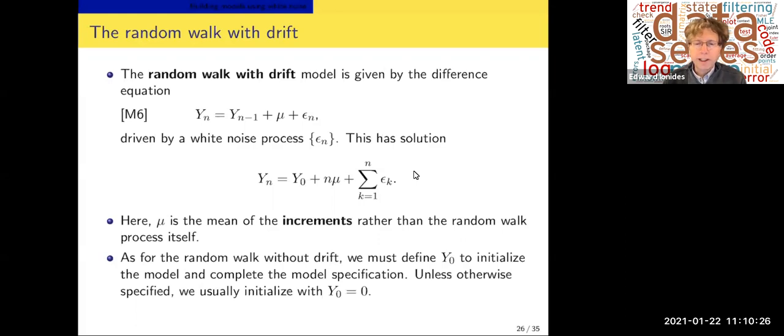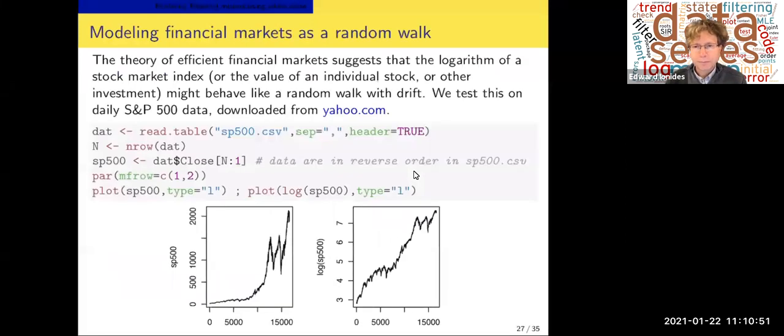When I wrote this equation, I wrote it in terms of y0, but often we set y0 equals 0 in this equation, and then yn is just n mu plus the sum of the white noises.